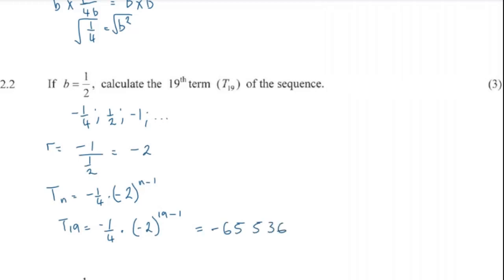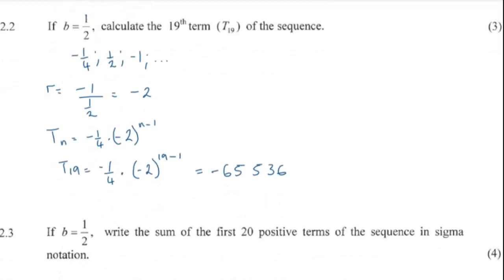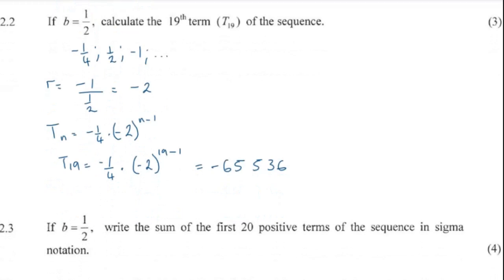So if b is equal to half, write down the sum of the first 20 positive terms of the sequence in sigma notation. First of all, let's write down the full sequence and then derive our sequence from there. It's negative 1 over 4, then positive half, then negative 1.